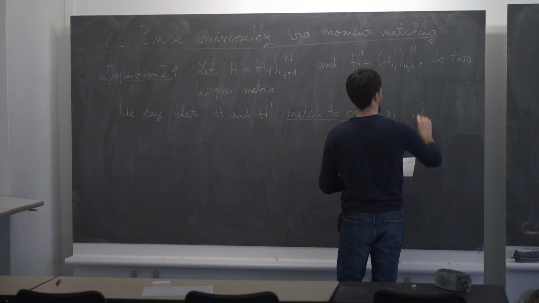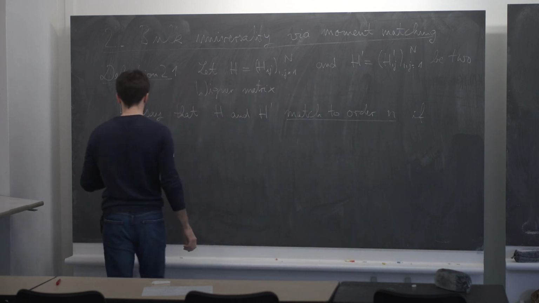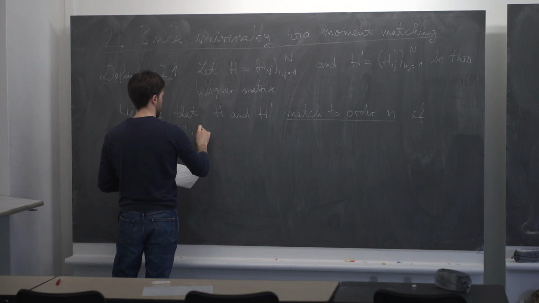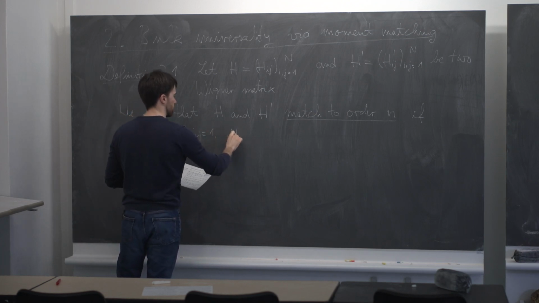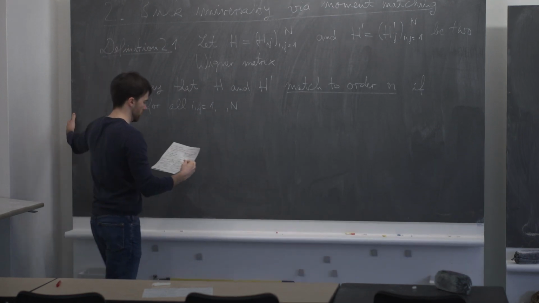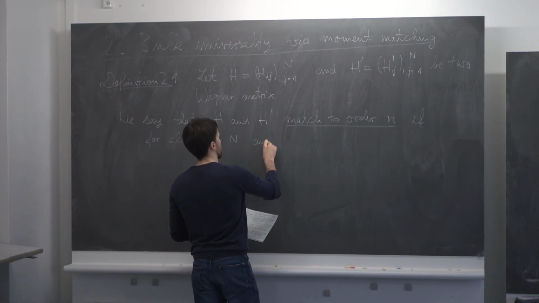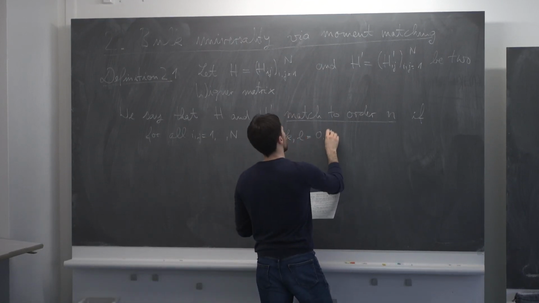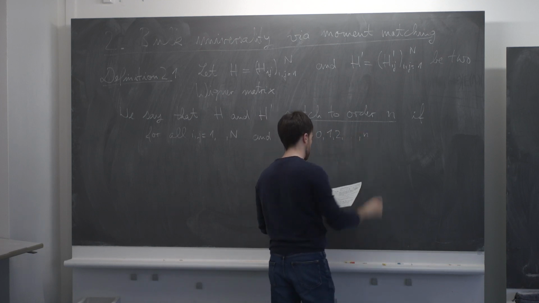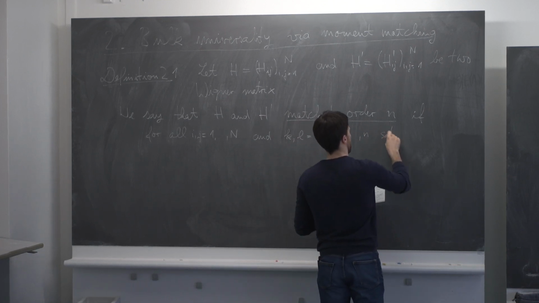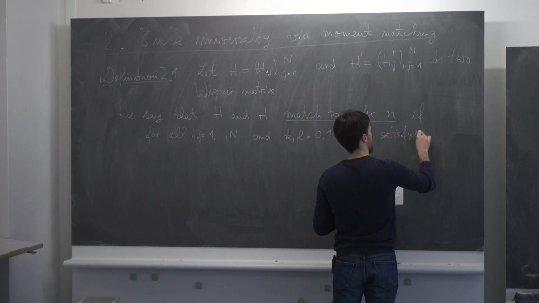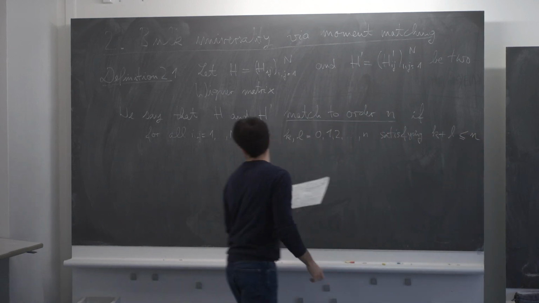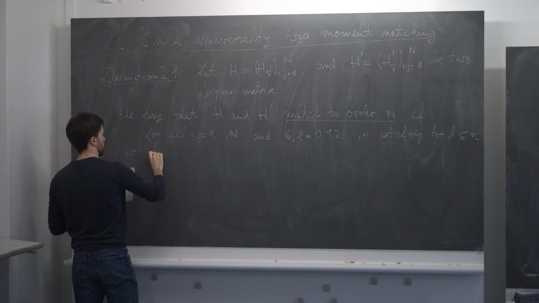Okay, so that's what we will define now. We will say that H and H prime match to order n if the following holds: if for all i and j that run over the index set of my matrices, and all k and l that start at 0, 1, 2, and can go up to little n, which satisfy that the sum of k and l is at most n, then we require the following condition.